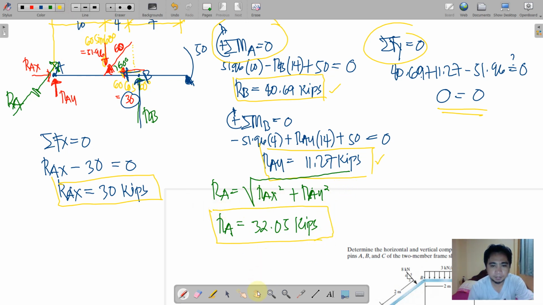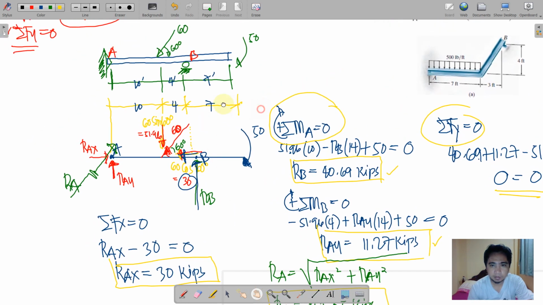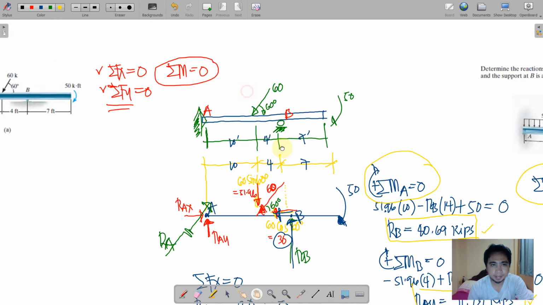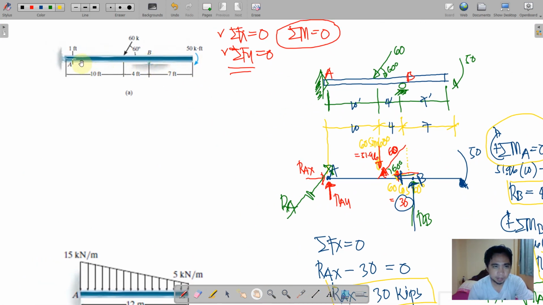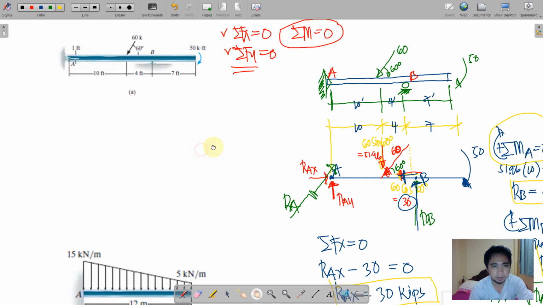So in the book, yung ating idealized structure, kasi itong kanyang presentation na yung 60 ay nasa ibabaw ng beam, and the pin connection is detailed on the center. So ganito yun.